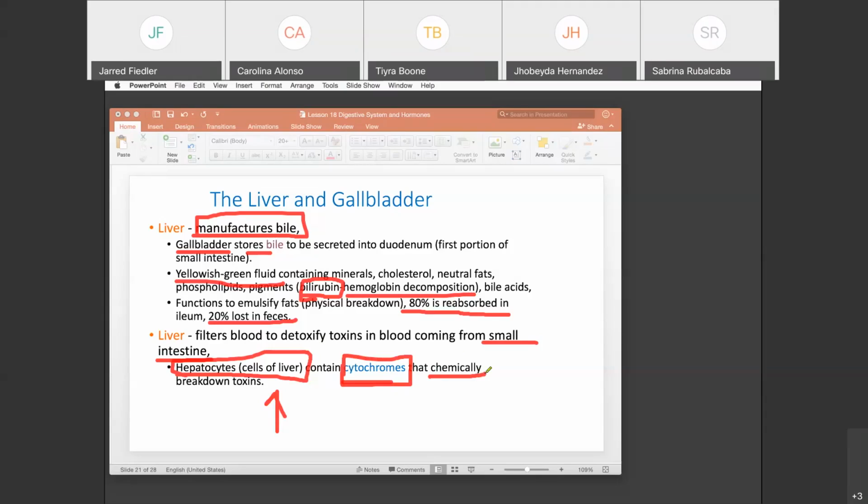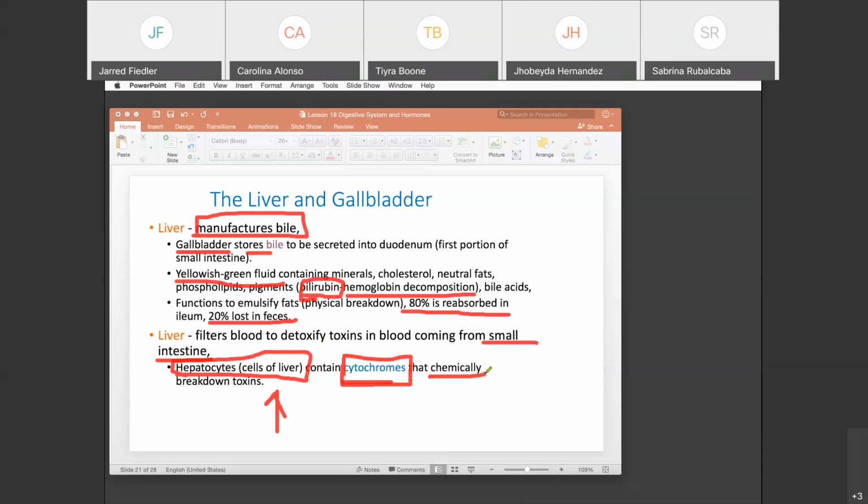So for example, let's talk about catalase. Catalase is an enzyme that converts hydrogen peroxide into water. Now, hydrogen peroxide is actually one of the byproducts of aerobic cellular respiration, and we need catalase enzymes to push forward the reaction to convert hydrogen peroxide into water because hydrogen peroxide is pretty toxic.